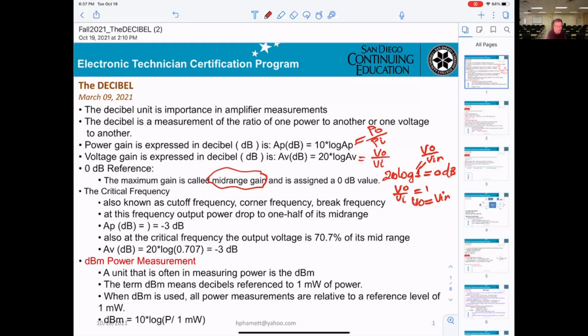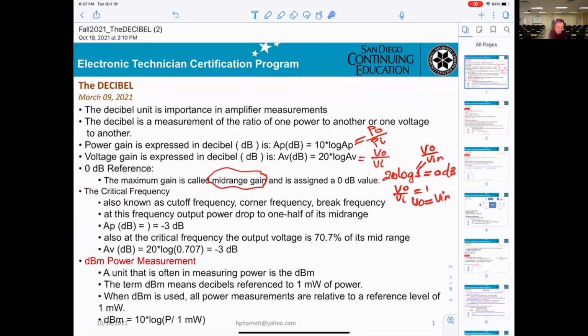The next one, critical frequency. This is very, very basic; you must understand and you must memorize. What is a critical frequency? First thing, it has different names. Also known as cutoff frequency. That's the same as critical frequency.